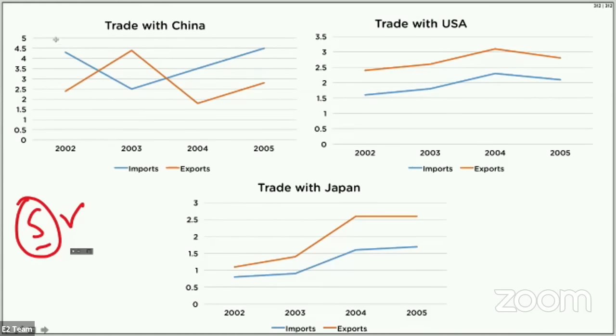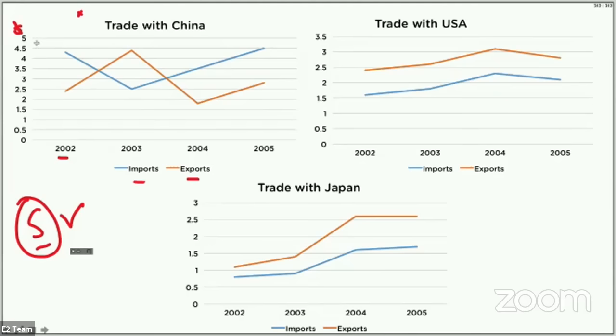Okay, so you look at this graph here, the trade with China. So we've got imports and exports. Now, they would make excellent subjects. What would not make a good subject is 2002. What would not make a good subject is $5 billion.